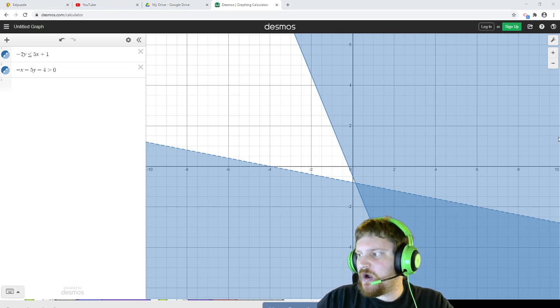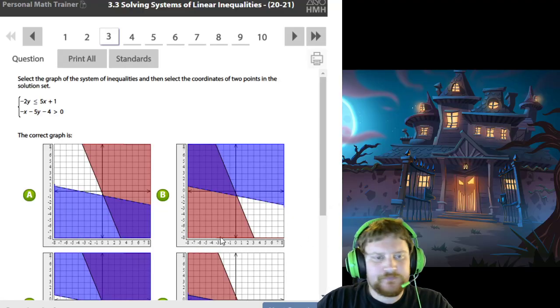So, looking at our options, we are looking for something where the bottom right quadrant is our darkest quadrant, and this line is dotted. So let's see if we can find that.